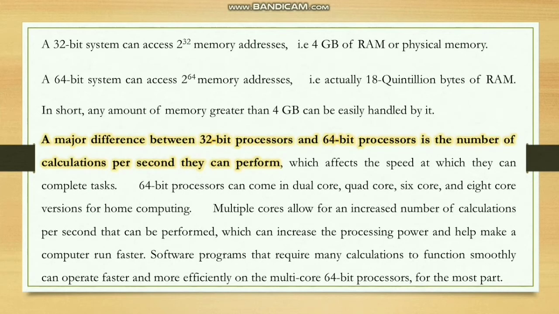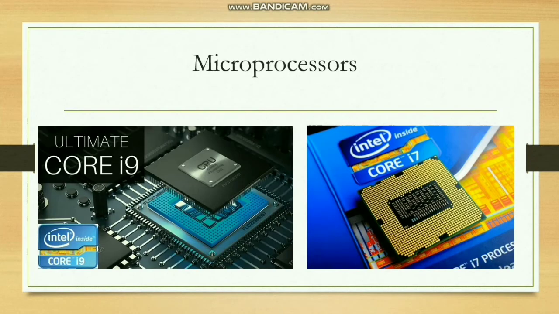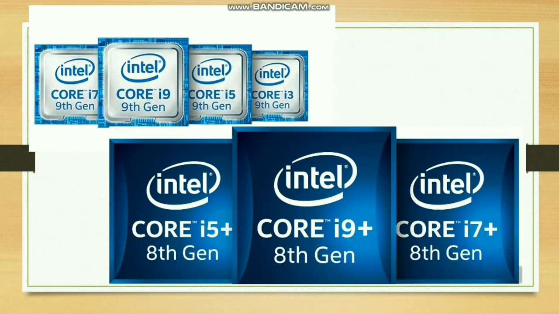And now once again I am going to show the area in which a 64-bit processor advances against 32-bit. These are processors, the latest Core i9 processor and i7 processor. These are microprocessors: the 5th generation, the i5, i7, i9, the 8th generation and the 9th generation processors.